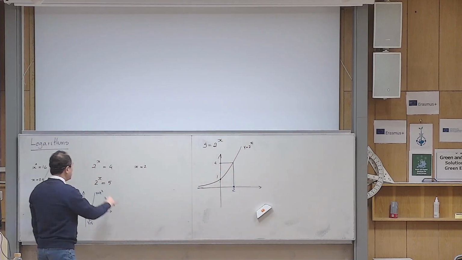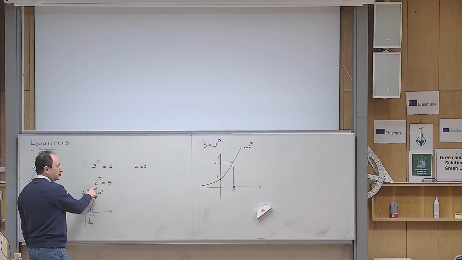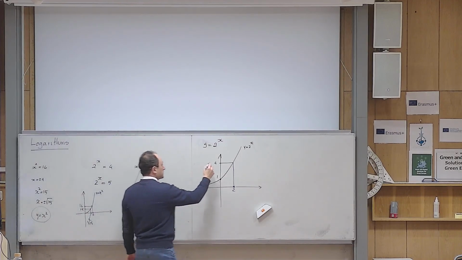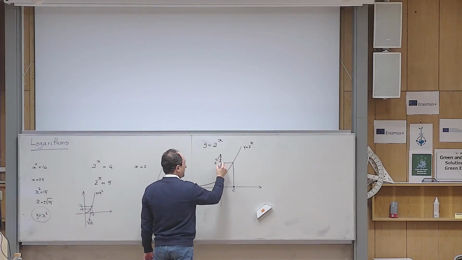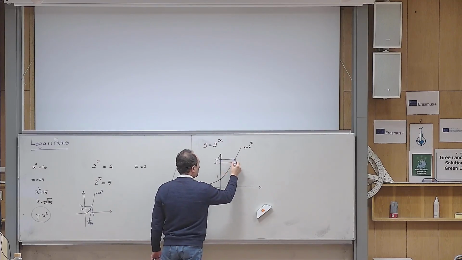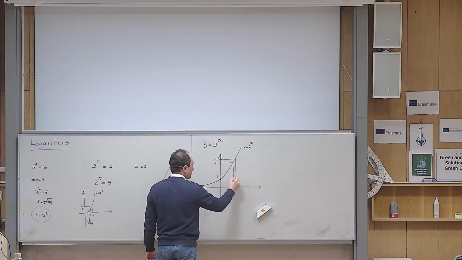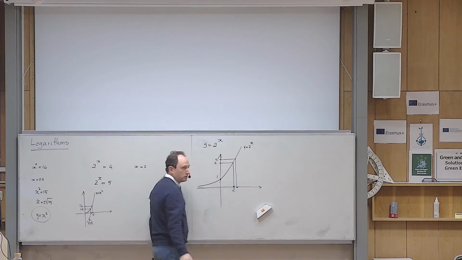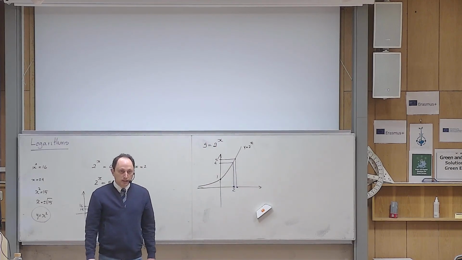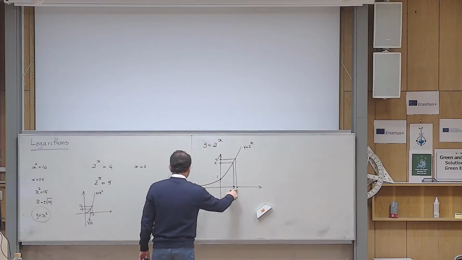But now, if I do the same thing here, I go to 5, for example. This is 5. And I do the same thing. Definitely, you will get a point. But if I ask you, do you know the exact value of this point? You would say no. Exactly like this.